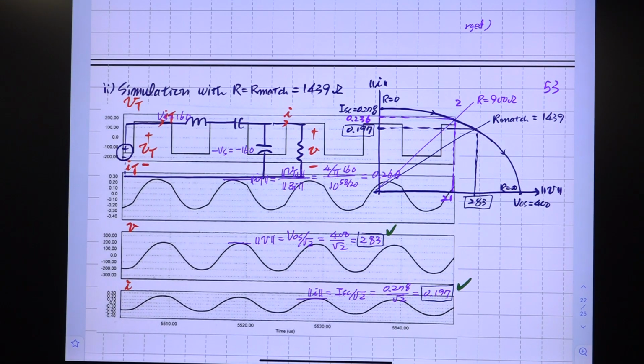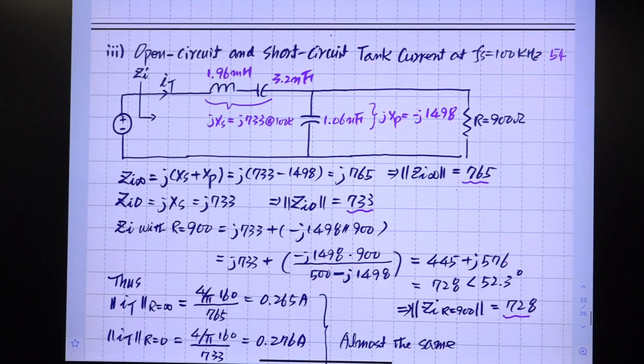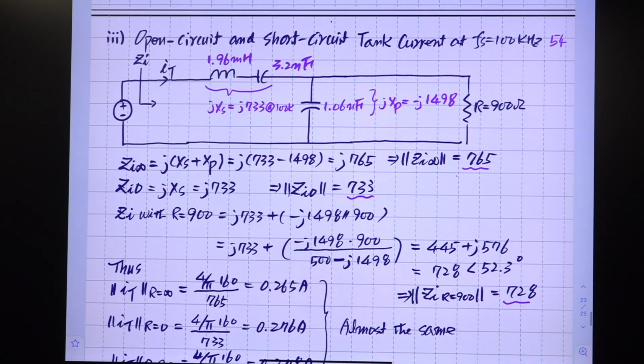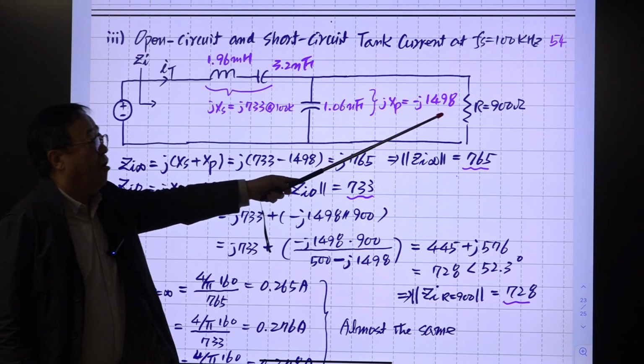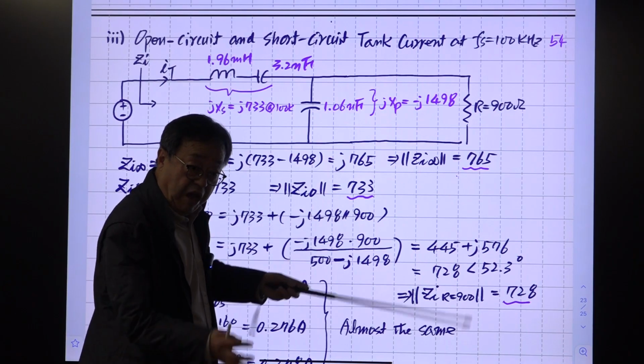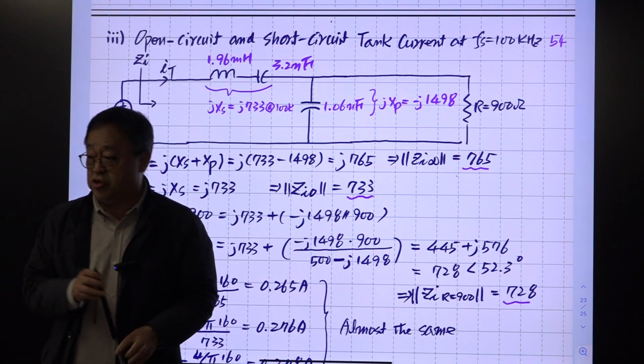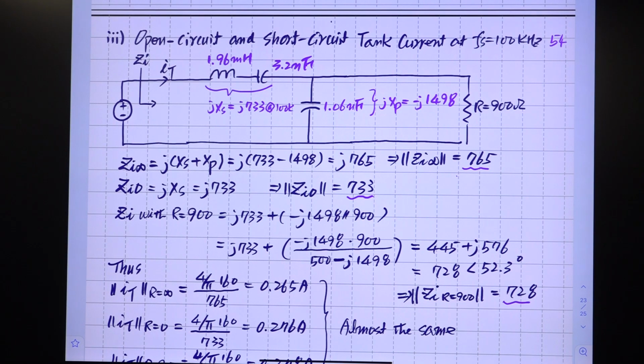And finally, I'd like to see the value for the open circuit current and the short circuit current. Based on our analysis, they should be the same, right? The tank current should remain the same regardless of the value of R. R of 900, R of 0, R of infinity, they provide about the same tank current, which produces bad, low line load efficiency.